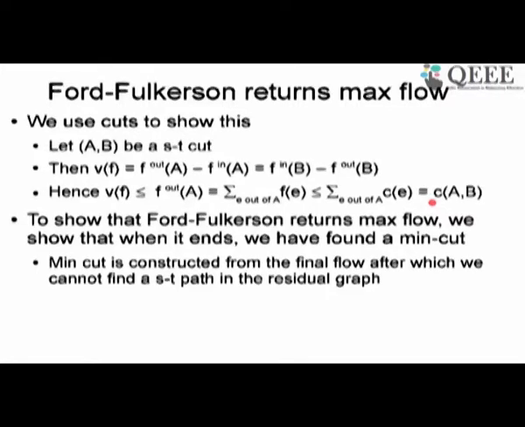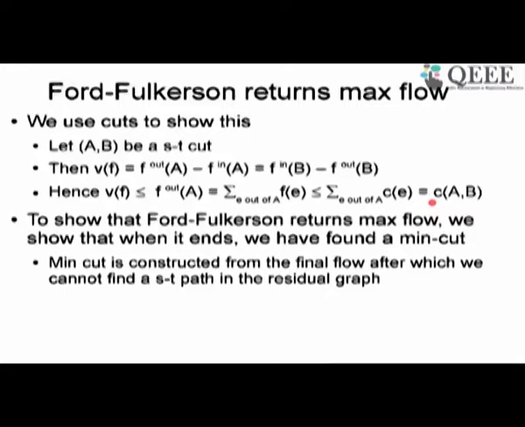So for any cut, the value of the flow must be less than or equal to the cut, which means the value of the flow must be less than or equal to the minimum cut also. So the value of the flow is bounded by the minimum cut. It's less than or equal to any cut, therefore it's less than or equal to the minimum of all those cuts. It's bounded from above by the minimum cut.